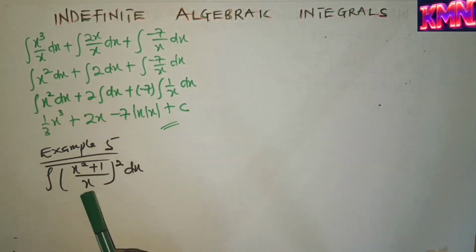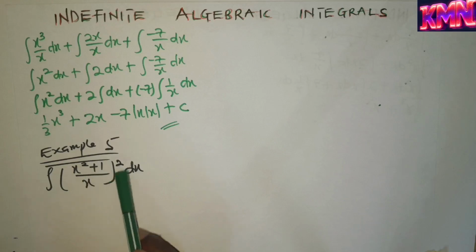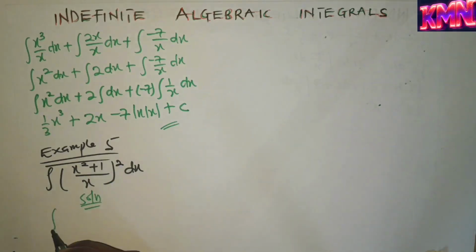We should evaluate the integral of x squared plus 1 on x all squared dx. In integrating this, that will be x squared plus 1 all squared on x squared.